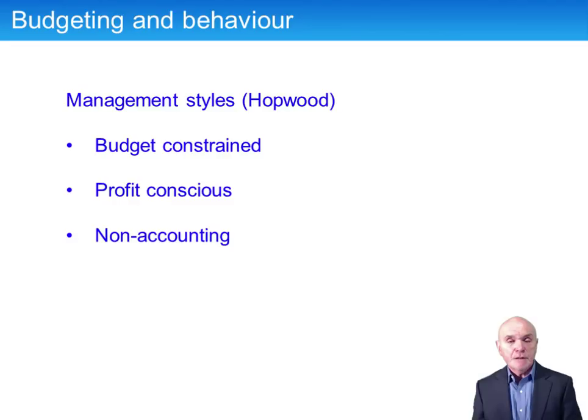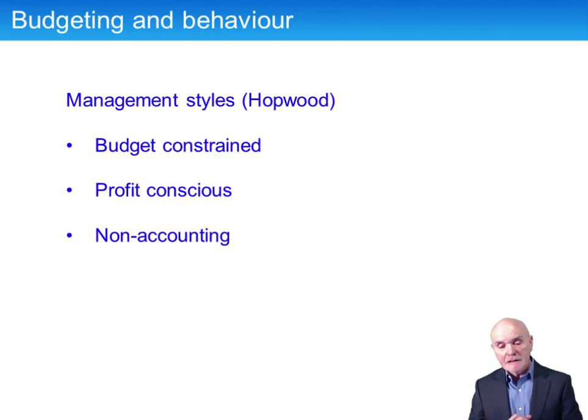In the budget constrained style, the manager, in a way, goes down the operating statement, and anything that says adverse variance, that is by definition wrong. Bad. The manager is not interested in any explanations. The manager simply takes a view, I don't want to see any adverse variances at all, I don't want to hear any excuses.